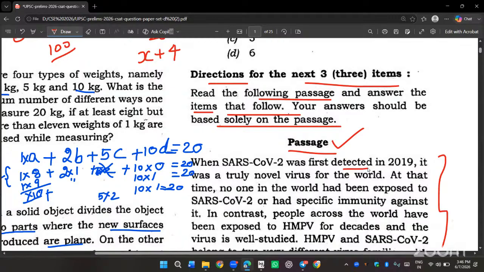They will ask. But in reading comprehension, they will ask you to go solely by the passage. It means you have to listen to the words of the author. That is important.